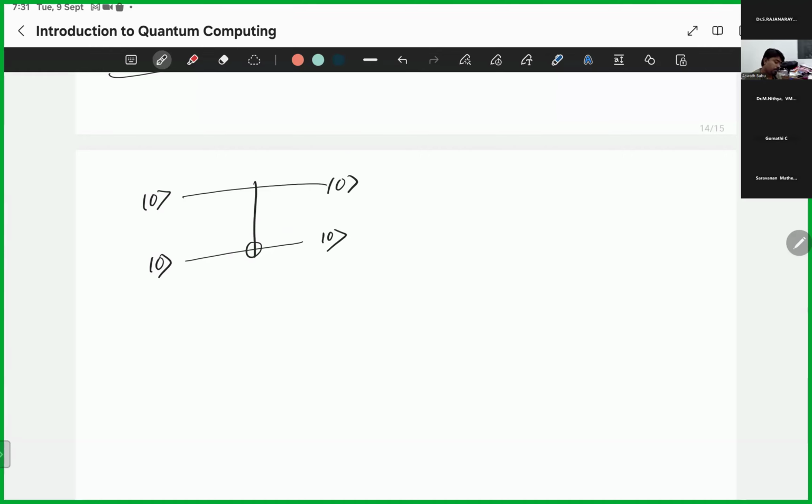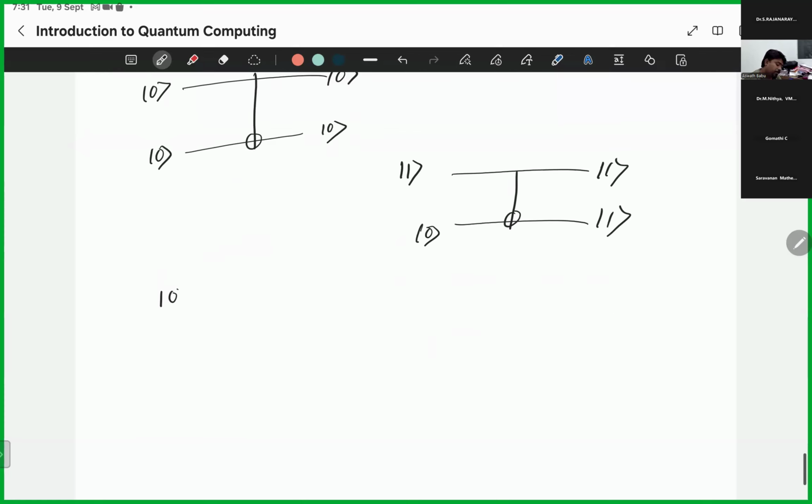If you send a 1 with ancilla 0, it gives 1, 1. Very good, I am able to clone. Now let me try to put a superposition state, alpha 0 plus beta 1, as the control, with an ancilla 0.